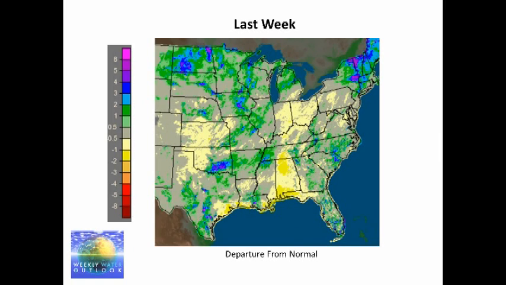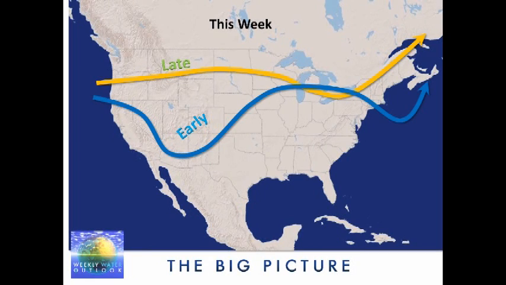And you see in Oklahoma, southeast Oklahoma, that was the area that received the most surplus rainfall. That was anywhere from 3 to 5 inches of surplus rainfall over the week. You can also see significant surpluses over parts of the very far upper Midwest, including North Dakota into Minnesota.